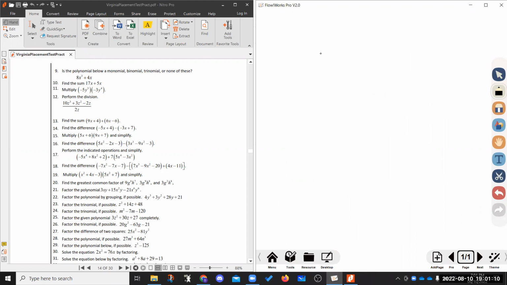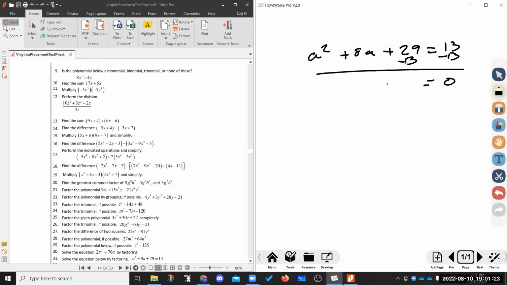Now we're going to solve this equation by factoring: a squared plus 8a plus 29 is equal to 13. Well, we're going to subtract the 13 from both sides to get started, because we want the right-hand side to be equal to 0.